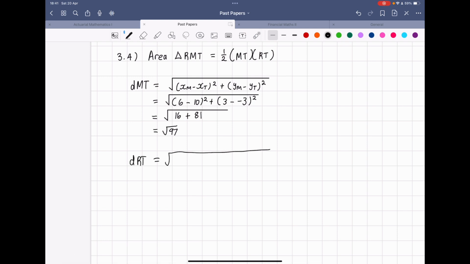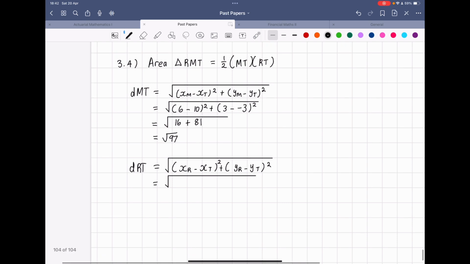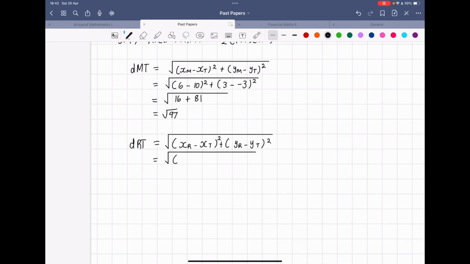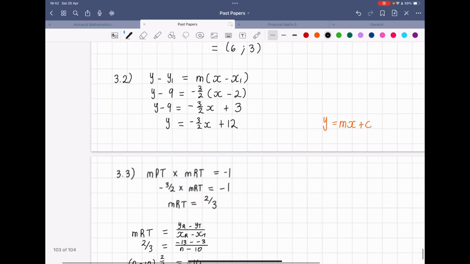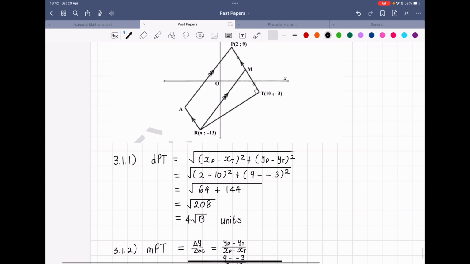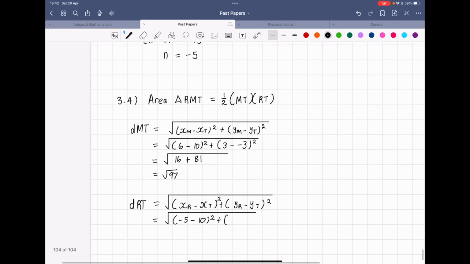And we're now using the coordinates of R and T. So the x of R was n, which we found to be minus 5, and the y of R is minus 13.